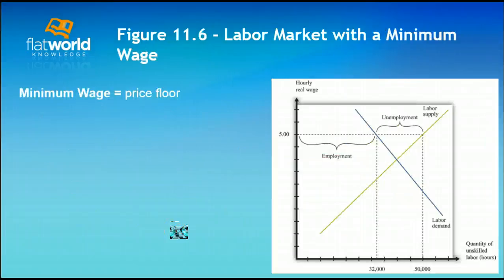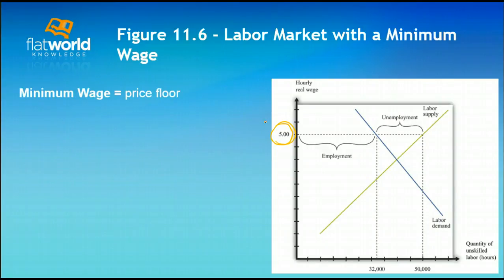Let's introduce some government intervention, and let's remind ourselves that the moment the government intervenes, we don't have a purely competitive market anymore. We now have an outside force acting on the market. Let's say the government decides to place a minimum wage requirement on all firms. Well, we just went from a market equilibrium wage rate of $4.